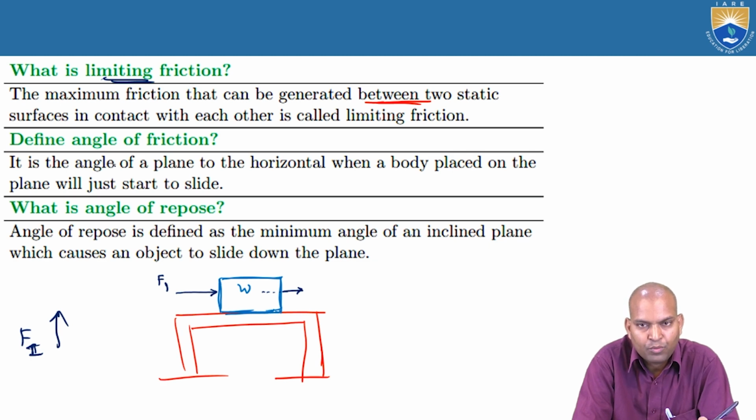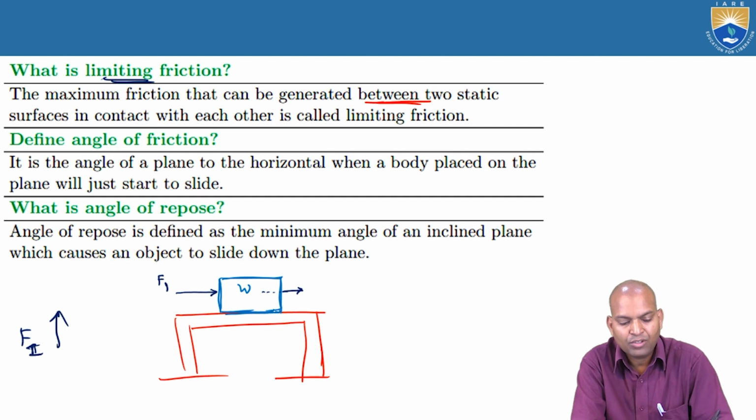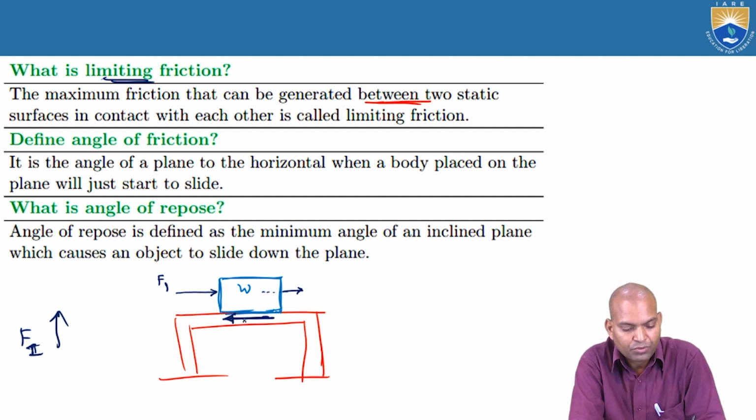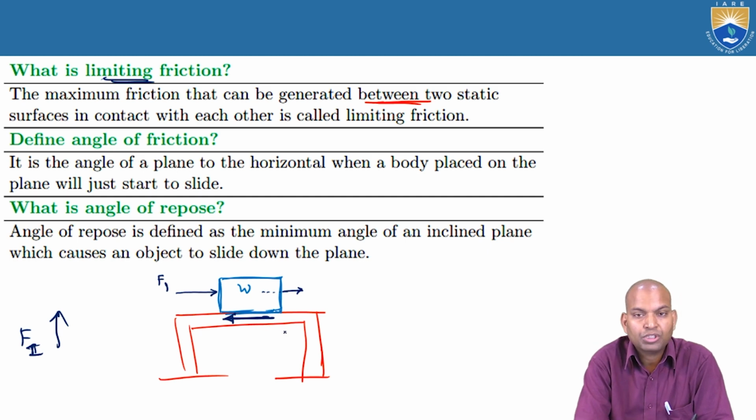Okay, after that, it starts moving and moves constantly. But there is a limit, where the body tends to move when you apply the force. The direction of the friction force is opposite to the direction of the motion of the body.